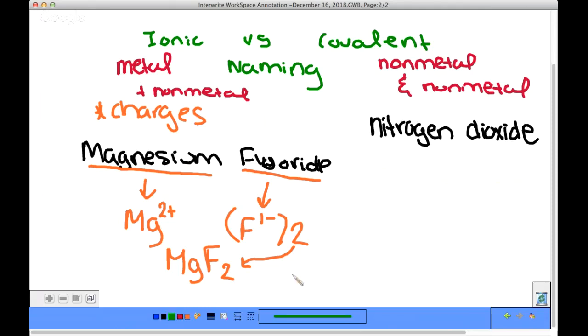If there is no prefix on the first one, that means we only have one nitrogen. Looking at the prefix here, di is a prefix for 2, and oxide comes from oxygen. So we have 2 oxygens, and to write that, we go O2.